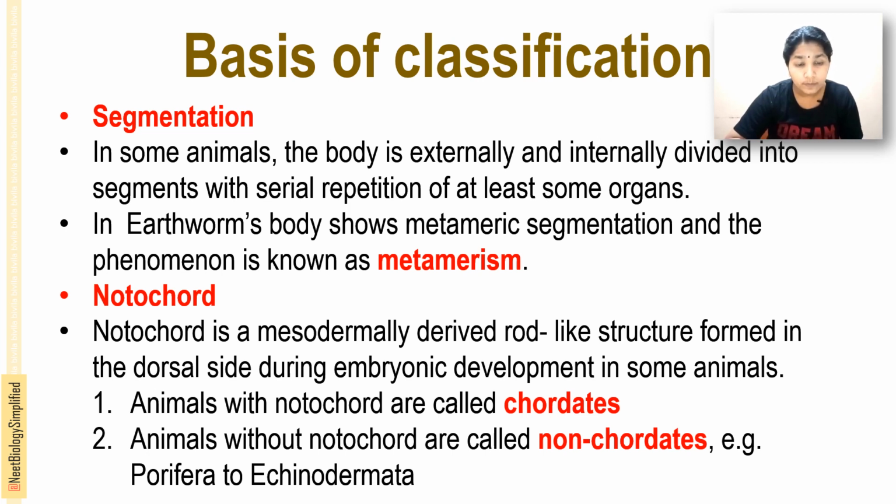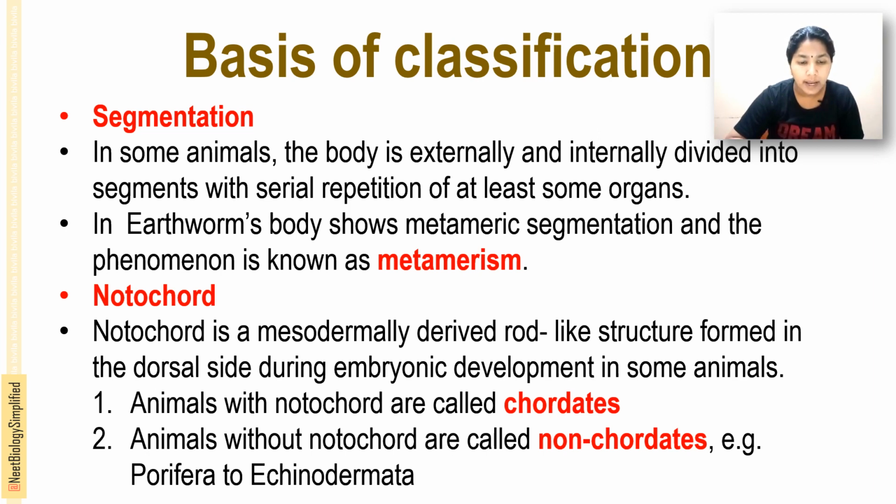Notochord. Notochord is a mesodermally derived rod-like structure formed on the dorsal side during embryonic development in some animals. An animal that possesses the notochord is called a chordate. An animal without notochord is called a non-chordate, for example, Porifera to Echinodermata.